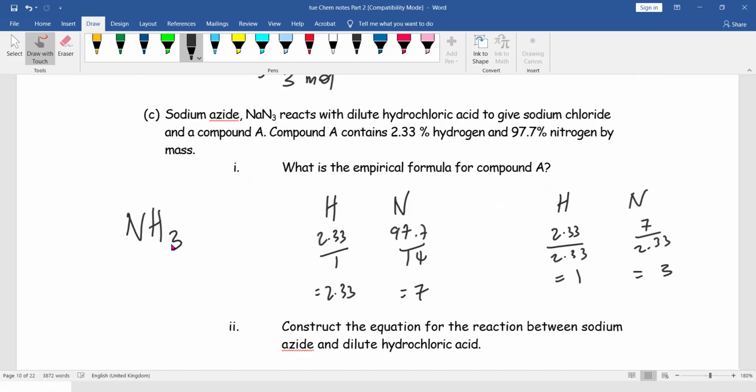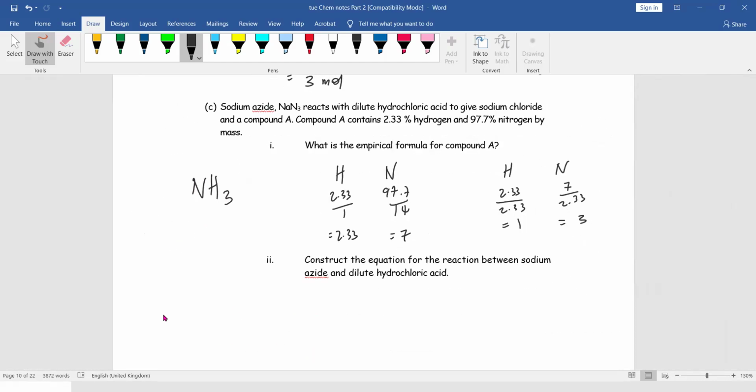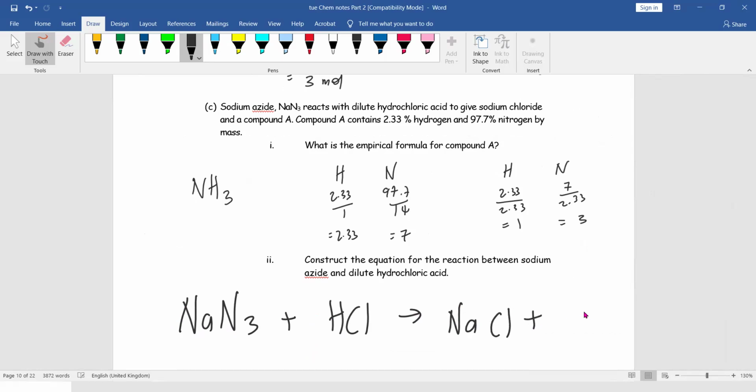NH3. So ammonia. It's ammonia. So sodium azide reacts with dilute hydrochloric acid to give sodium chloride and compound A and HN3. Wait, what? It's here in the question.